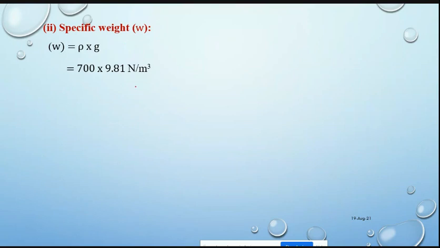So that is for density. The unit for density is kilogram per meter cube, and the unit for gravity is Newton per kilogram. Yes. If you use that, you will get a unit of Newton per meter cube.